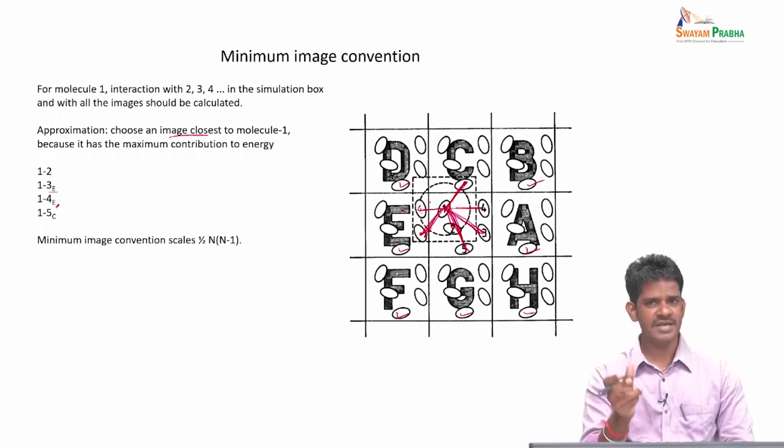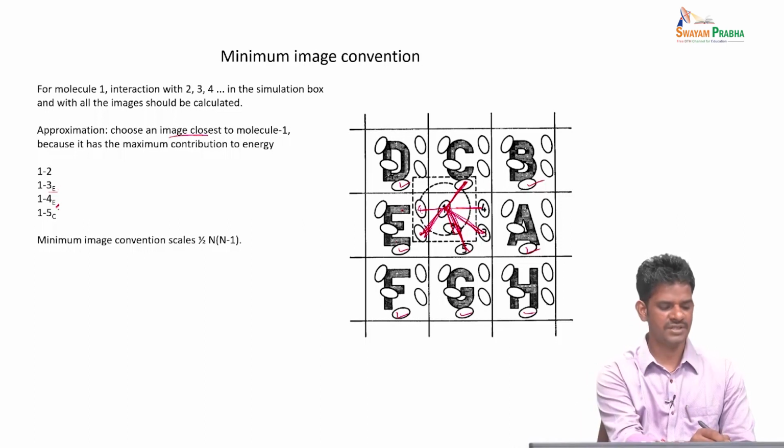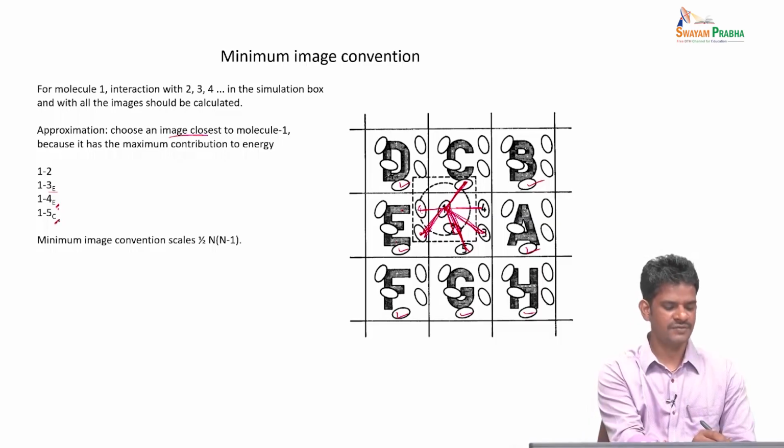For any pair, you find which pair has the shortest distance of separation, and you take that. In this example, molecules 1 and 2 in the same simulation box are at the smallest distance, so we take that, whereas for 3 and 4 we take the image in box E, and for the fifth molecule we take the image from C.